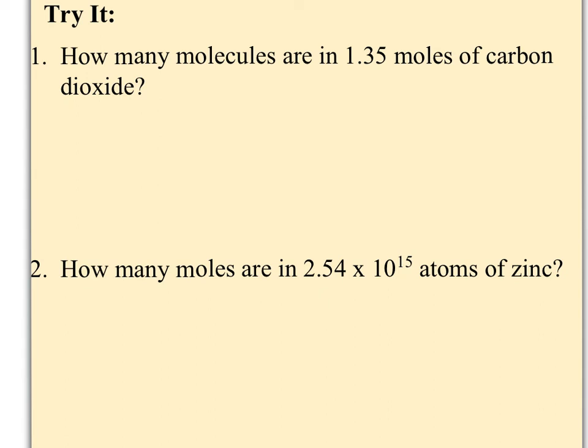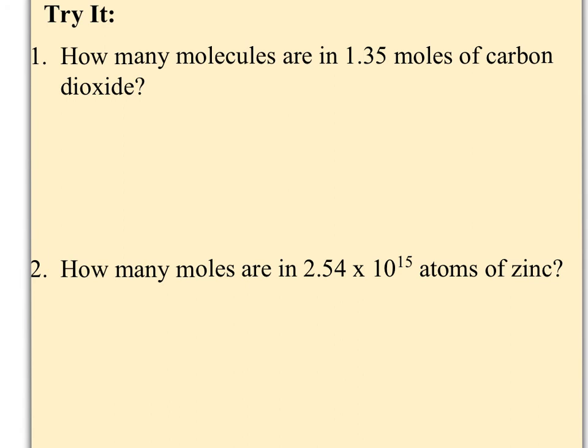My second problem, if I have 2.54 times 10 to the 15 atoms, how many moles is that? Well, since I want moles, I need to put moles on top, have atoms, put that on the bottom, and I know there's 6.02 times 10 to the 23rd atoms, molecules, whatever, in 1 mole.